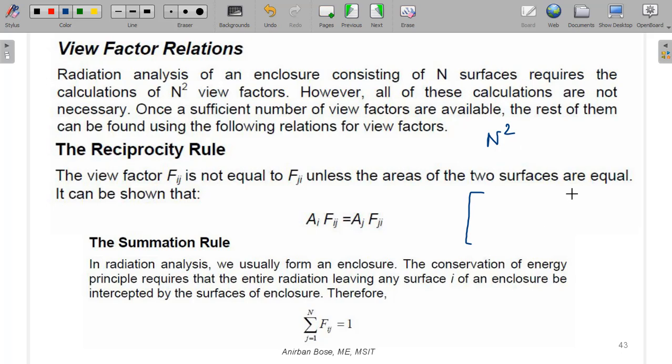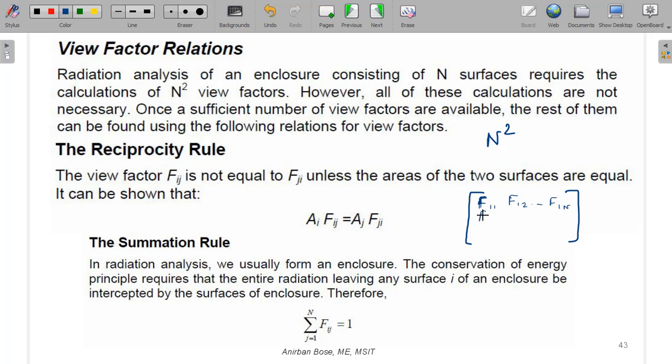It's clear if you write it in the form of a matrix, you will understand. Say F11, F12 in this way, F1n.